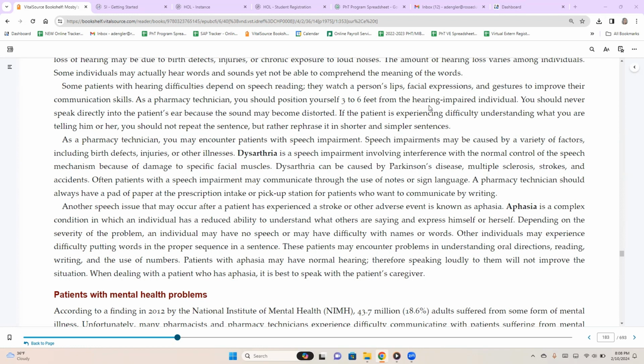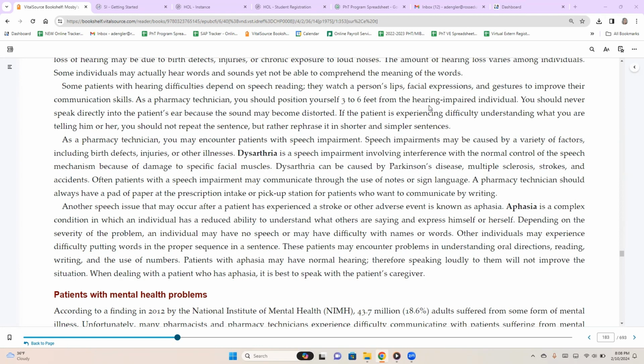Another speech issue that may occur after a patient has experienced a stroke or other adverse event is known as aphasia. Aphasia is a complex condition in which an individual has a reduced ability to understand what others are saying and express him or herself. Depending on the severity of the problem, an individual may have no speech or may have difficulty with names or words.